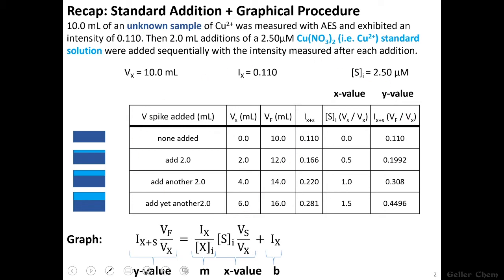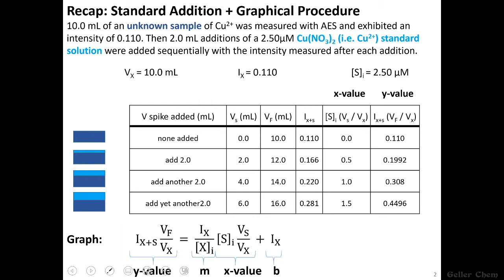Well, we make note that as we're going through these different additions, we keep on increasing the total volume of the standard that's present, which in turn increases the final volume of the mixture. And then once again, we keep measuring the intensity, that's going up. And then by combining all of these values appropriately, we can come up with the two values that are going to go on our graph.